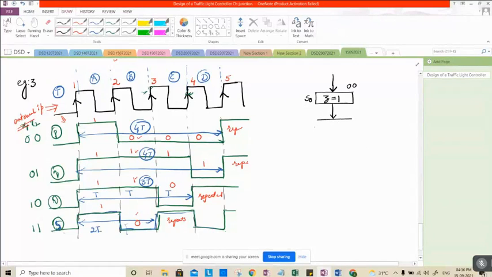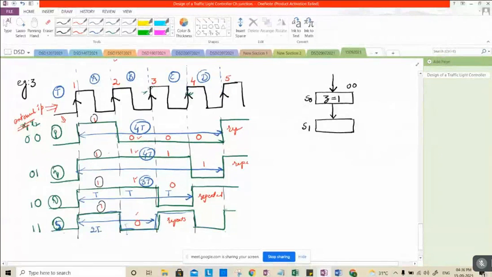In the first clock cycle after the first positive edge, my output is equal to 1. It is not depending upon x1 x2 values. Whether it is 00, 01, 10 or 11, anything it may be, my output is simply 1. So that is represented here.